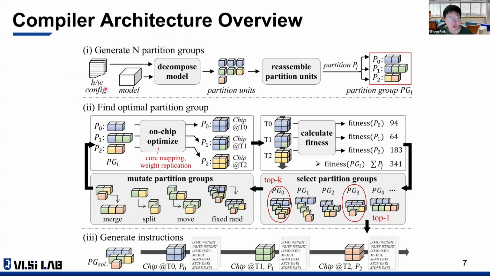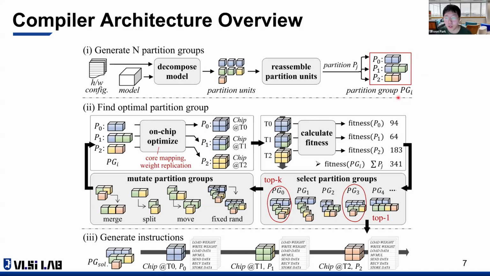So you take a hardware configuration and the model configuration, and you decompose the model into small units called partition units. These units are the smallest units that can fit on a crossbar. Then we reassemble these partition units to create partitions that can each fit on a single chip. We call the whole set of partition units that form the partitions a partition group.